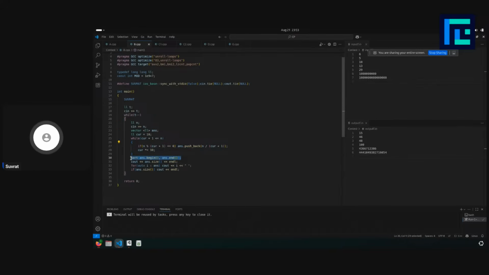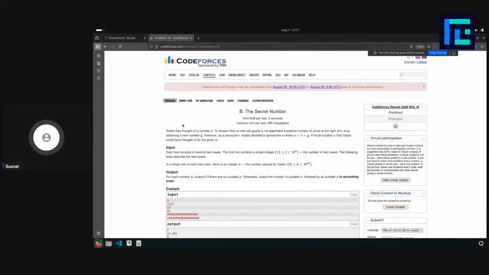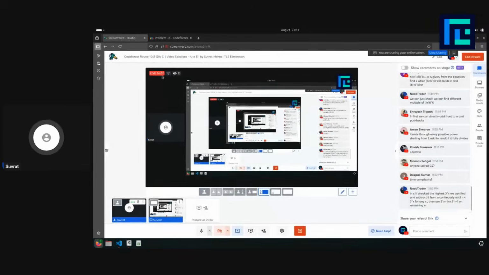And since we are sorting an array of 18 numbers, actually it would be in descending order here, but that doesn't matter. This whole loop would be O of 18 something. So it's constant time. We are solving each test case in constant time. So you can either say O of 18, or you can say O of log n, or you can say O of 1, whatever you want.